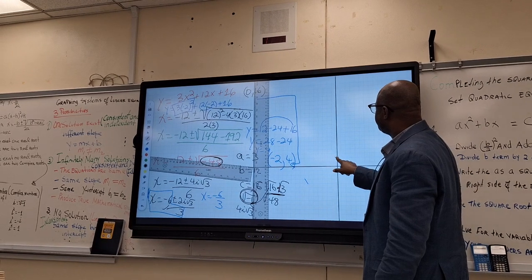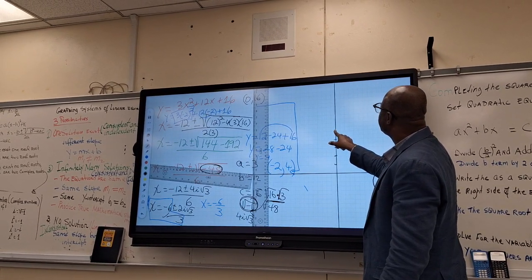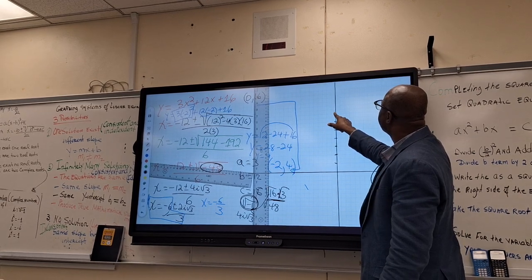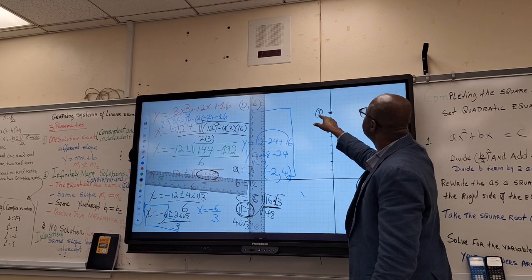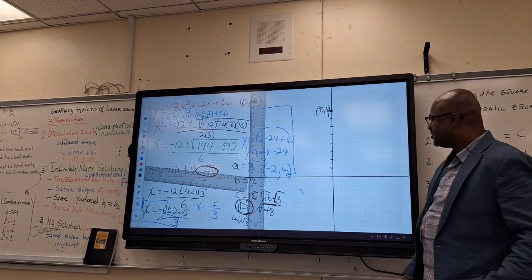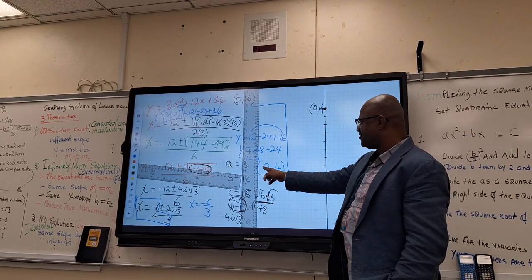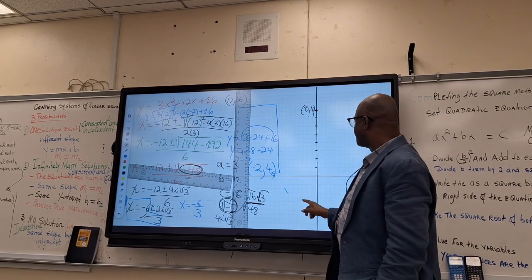Alright, that will be 2, 4, 6, 8, 10, 12, 14, that will be (0, 16), counting by 2. And this one was (negative 2, 4). Go where? To the left 2 units.